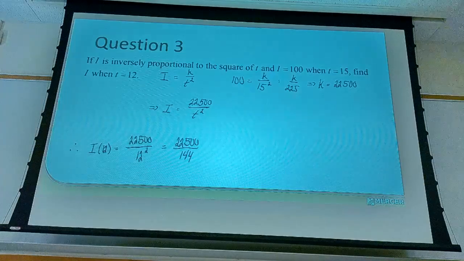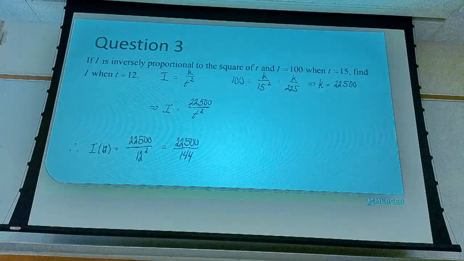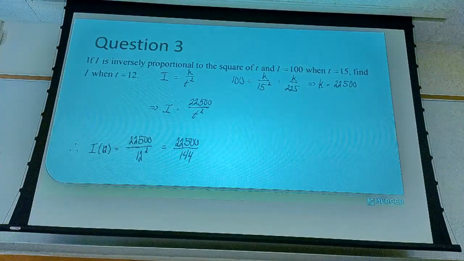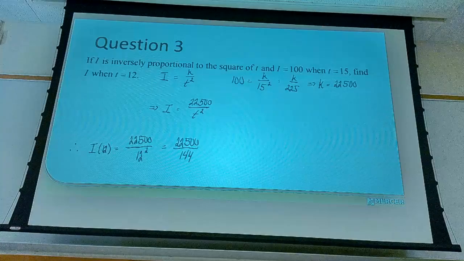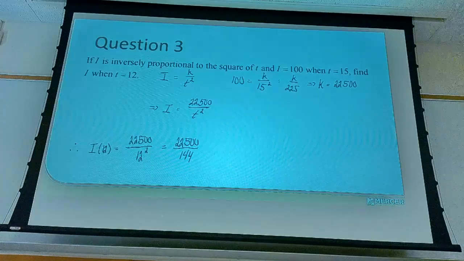Shouldn't need to. It's 625 over 4. And 22,500, break it down to prime factorization.